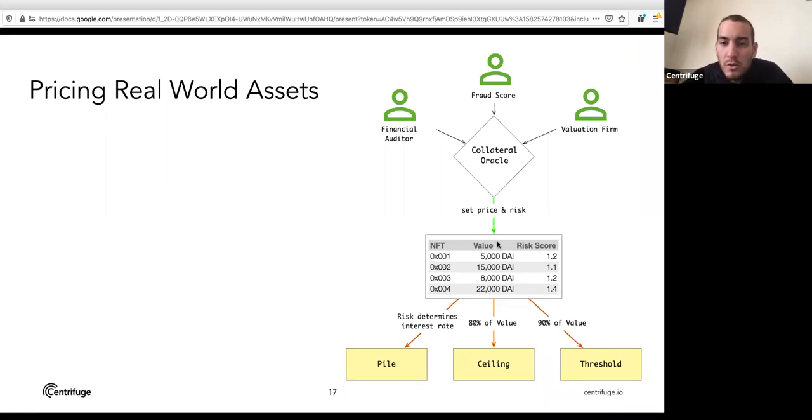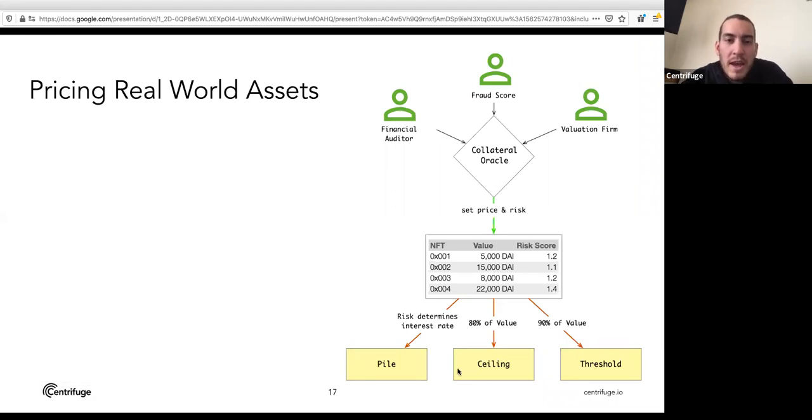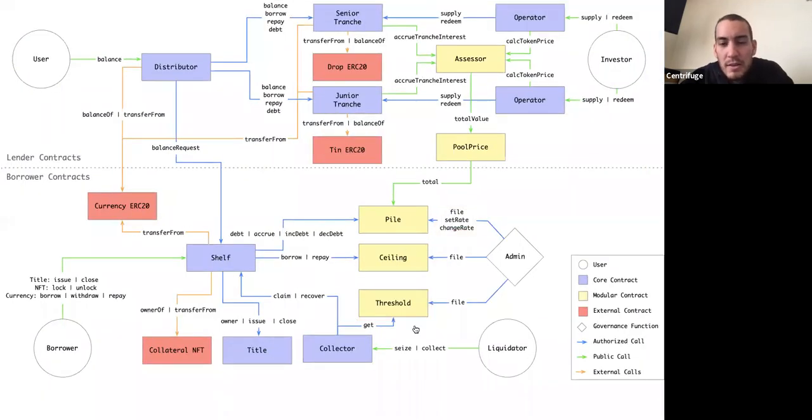So with that single oracle, we can now appropriately configure these three different levers that we have in the system to make the shelf appropriately track debt, accrue and increase the debt, so that we can make sure that the shelf never allows borrowing more than the defined ceiling.